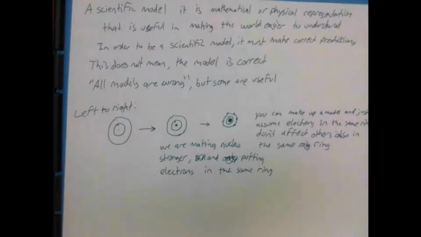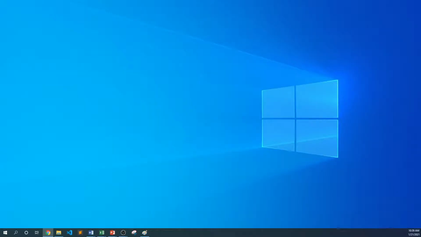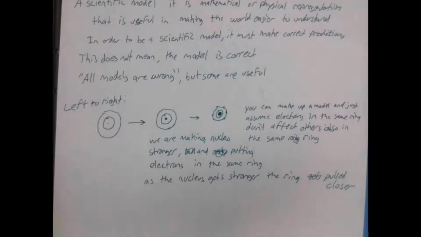And as the nucleus gets stronger, the ring gets pulled closer. This is not what happens, but this is a useful model. It's not a correct model, but it is a useful model. It can be used to help you understand why atoms get smaller as you move left to right.